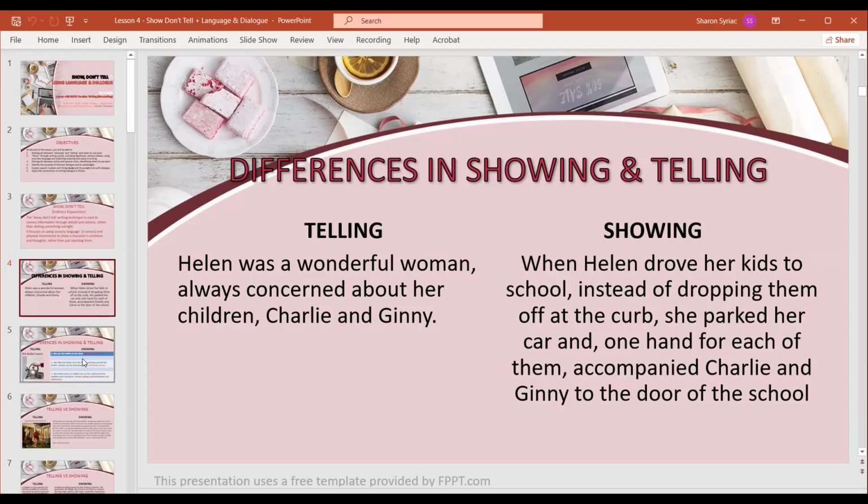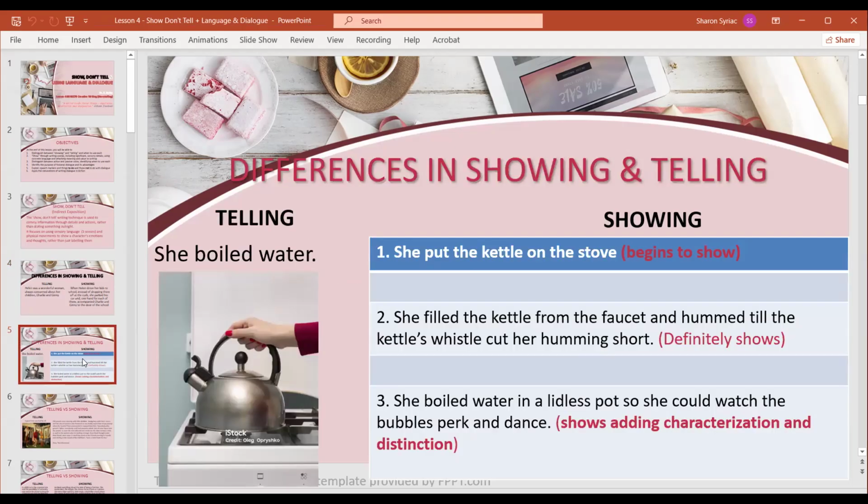Another example, and this example I really like: if you're telling, you would write, she boiled water. Okay? However, if you are showing, instead of writing, she boiled water, which is kind of boring, if you wrote instead, she put the kettle on the stove, now you're just beginning to show.